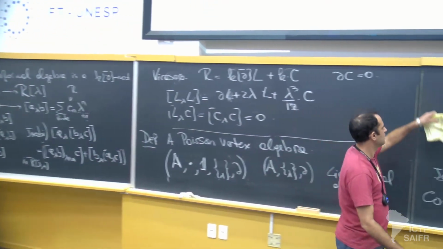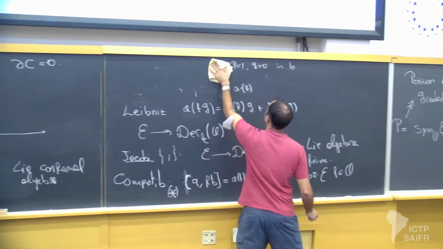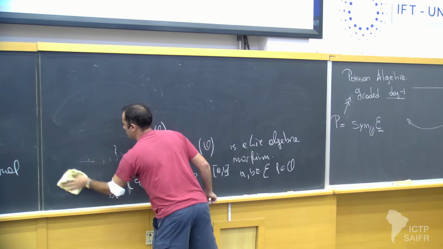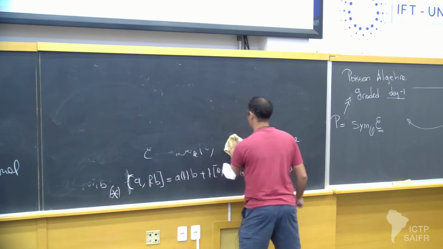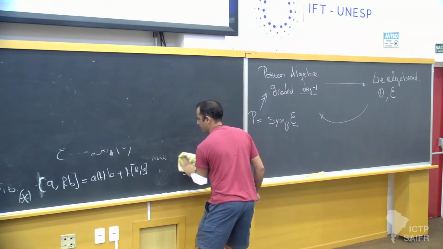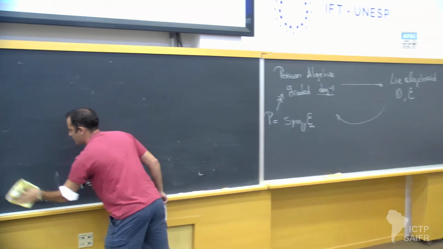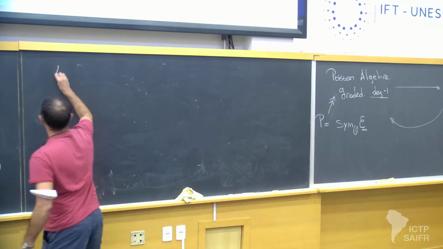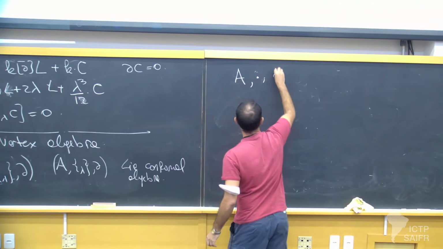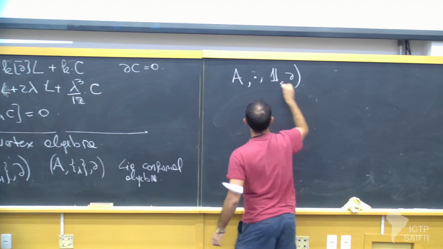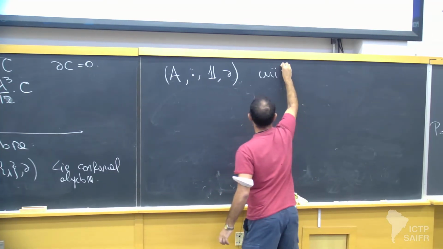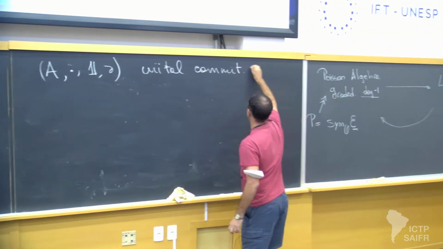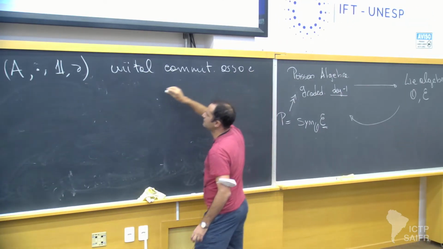I would want that with the product it is a unital associative commutative algebra with a derivation. So we'll require that A with the product, the unit and del is a unital commutative associative algebra.